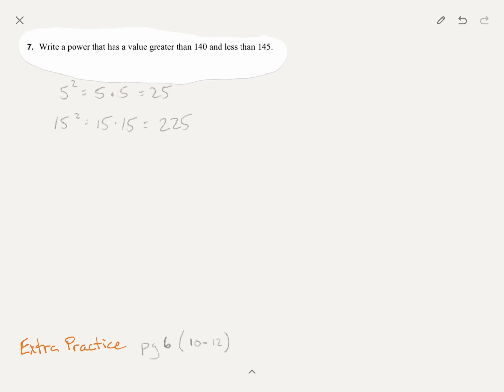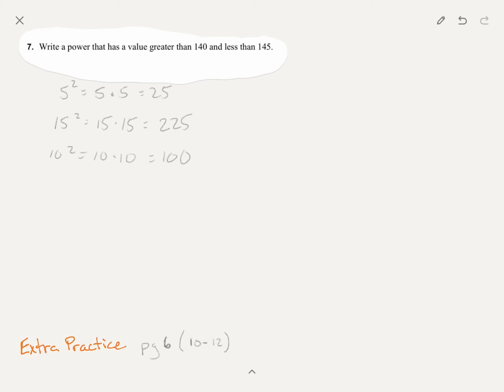And so that's a little too much. And so I'm going to now need to back that down. And so I'll try 10 squared, and that's 10 times 10. And that equals 100.